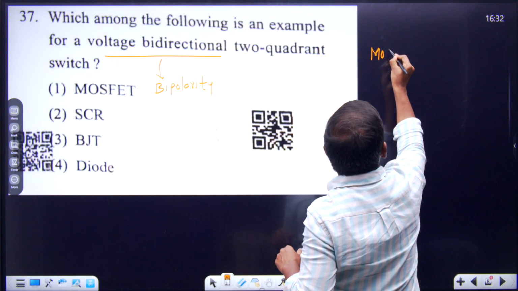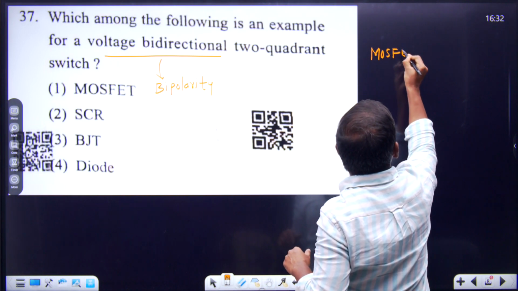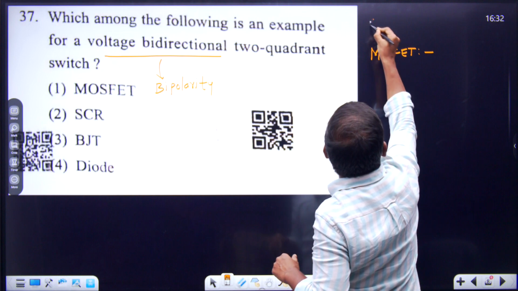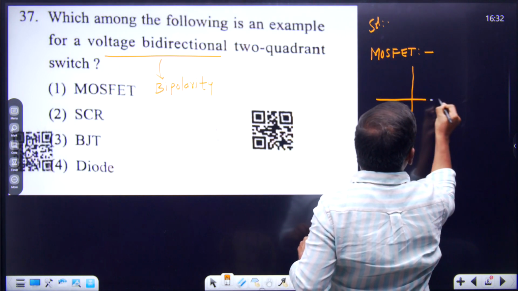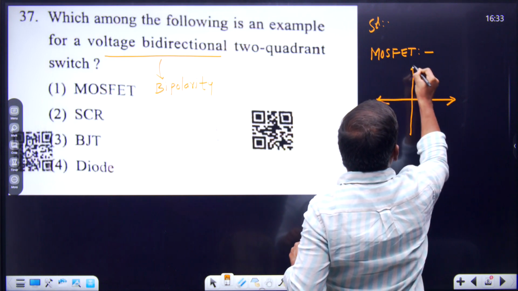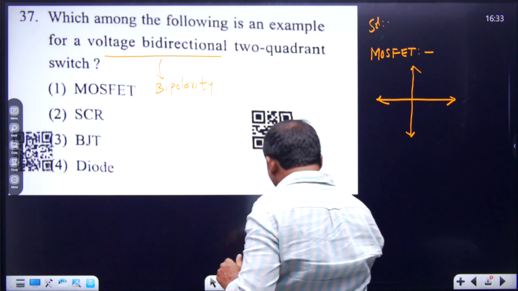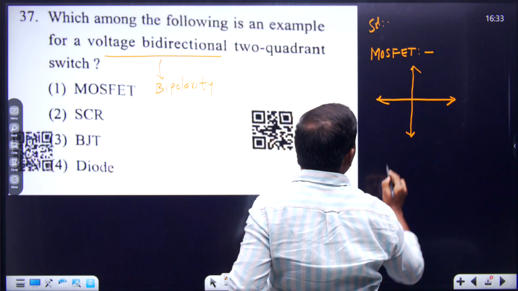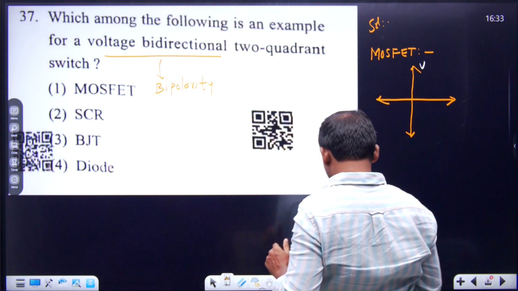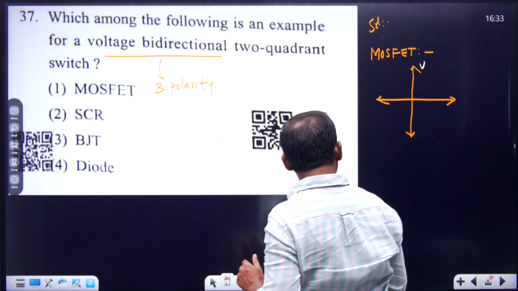If you draw the ideal characteristics of a MOSFET, students, it allows the forward current and it blocks the positive voltage only. Concentrate.